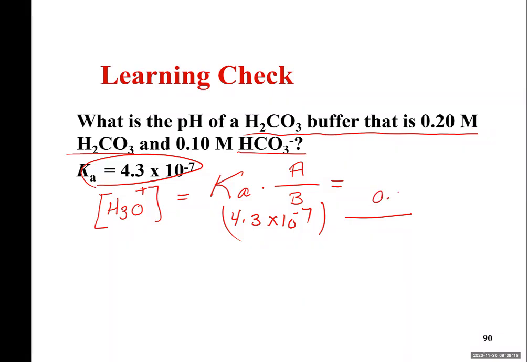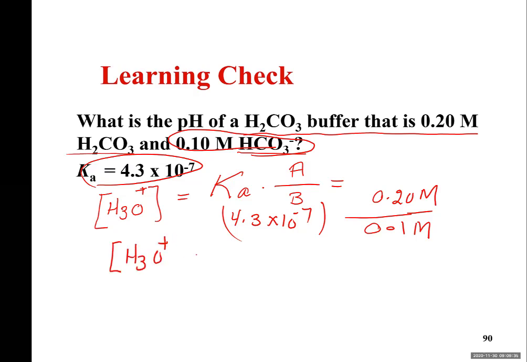So 0.2 M. Concentration of the conjugate base is 0.1. So if you write this, you get hydronium ion is, this is 2, right? 2 times this, 8.6 times 10 to minus 7.